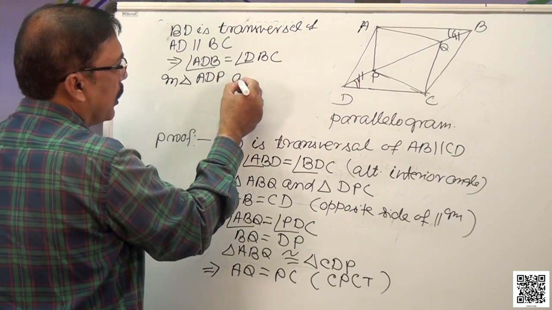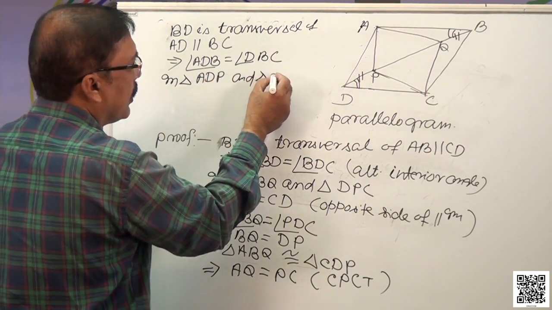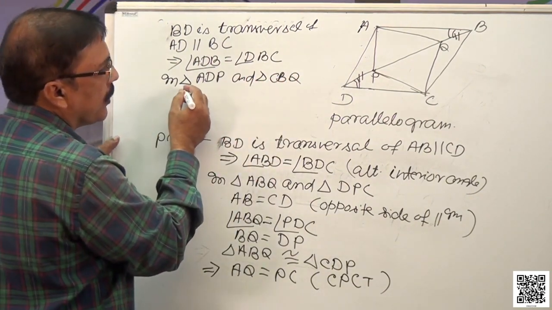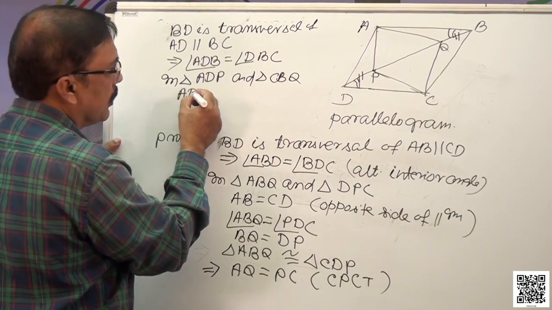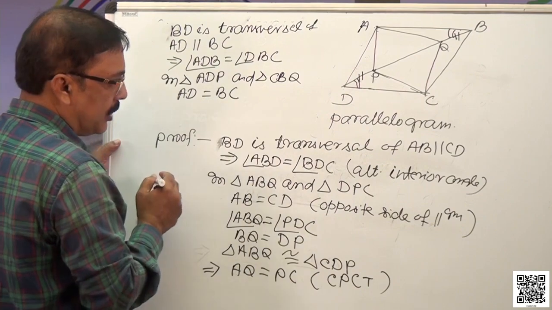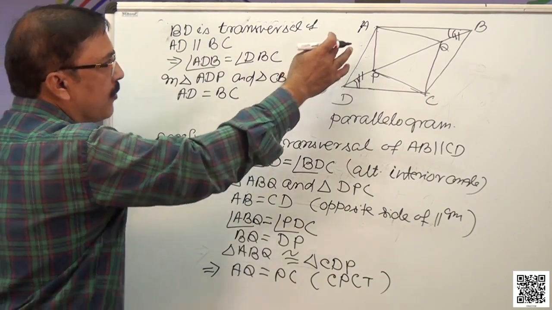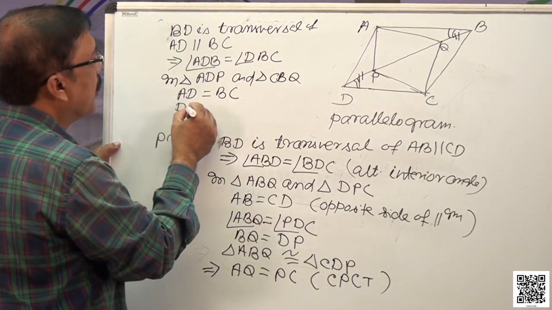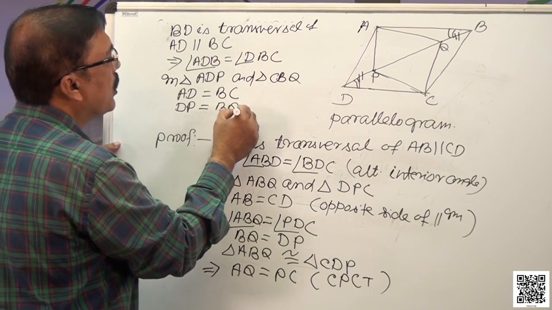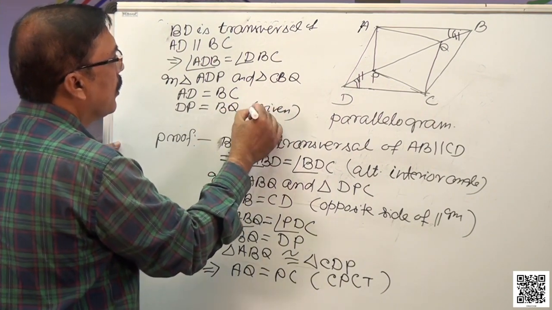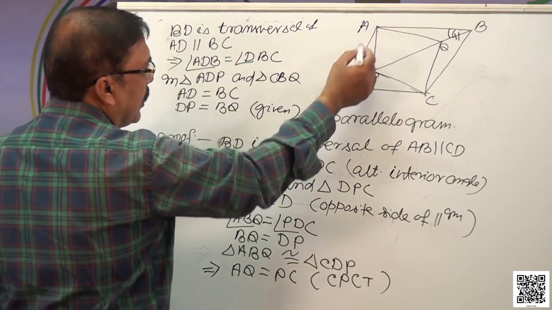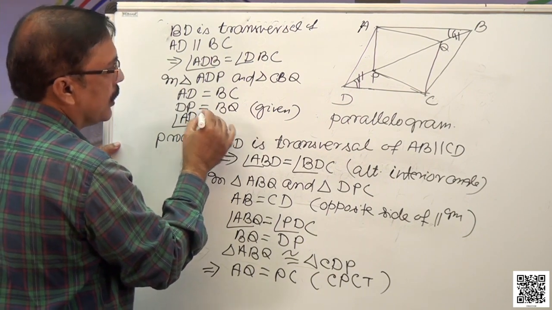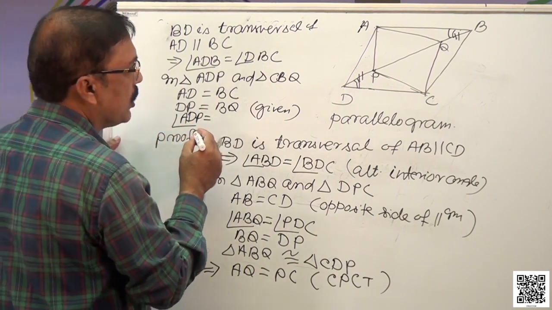Now in triangle ADP and triangle CBQ, we have AD is equal to BC, that is again opposite side of the parallelogram. Then DP is equal to BQ as it is given, and the angle ADP is equal to angle QBC.